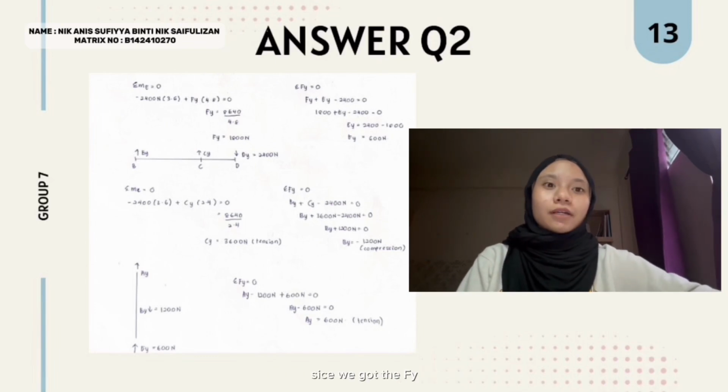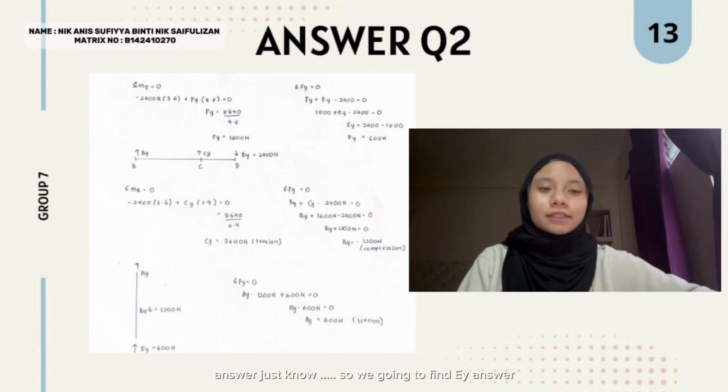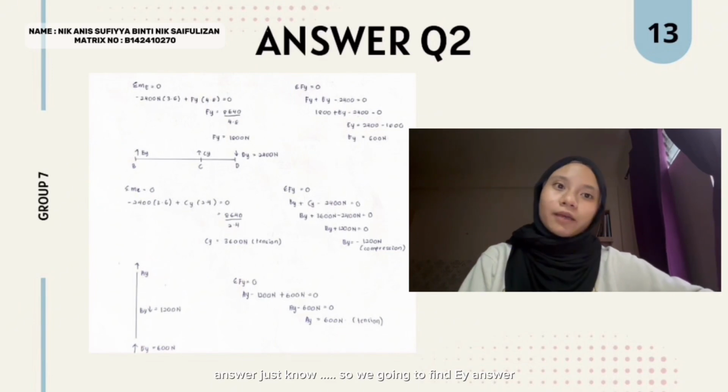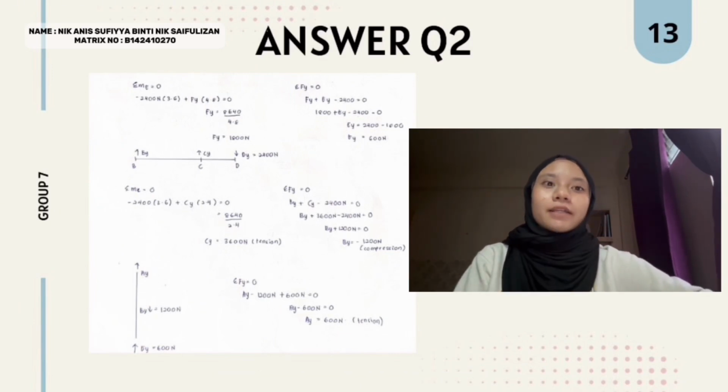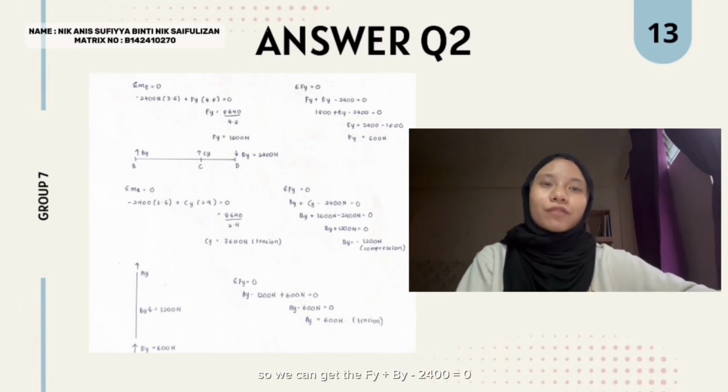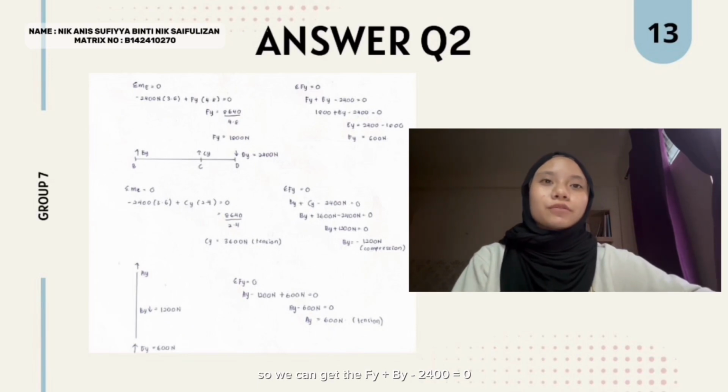Since we got the Fy answer just now, we're going to find the force at Ey. For Ey, we use the force equilibrium equation, which is the sum of Fy equal to 0. So we combine all the forces in the y-axis: Fy plus Ey minus 2,400 equal to 0.